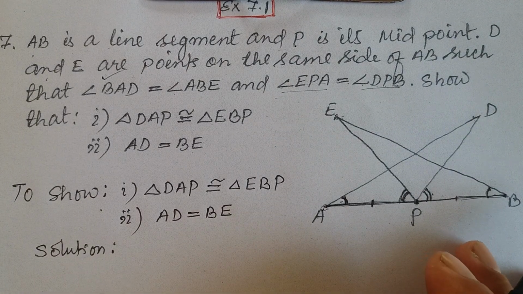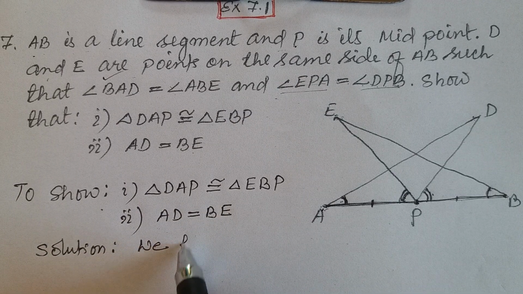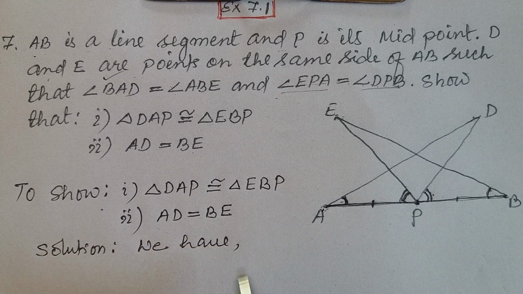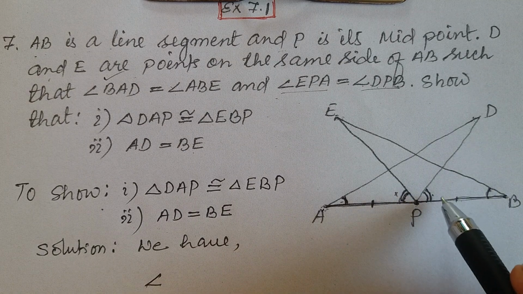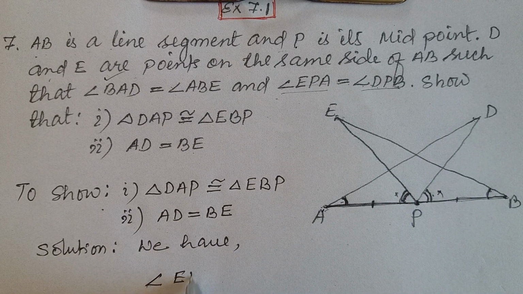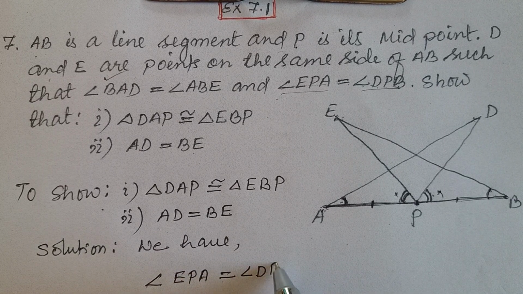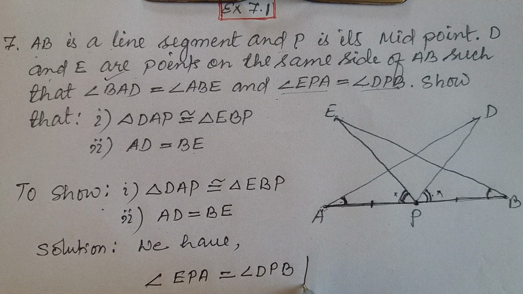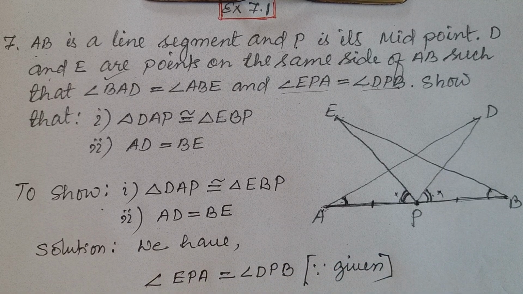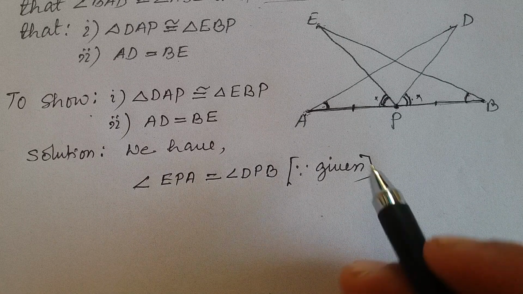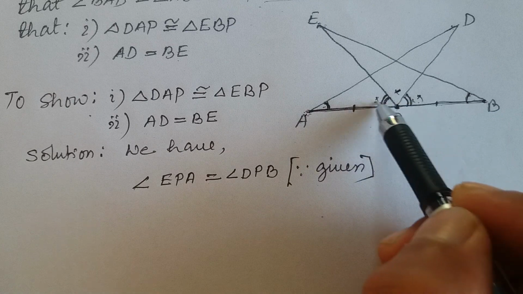Okay, so we have angle EPA is equal to angle DPB, which is from the question. Now like I said, we are going to add this part to both these angles.